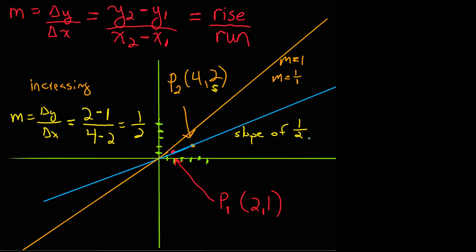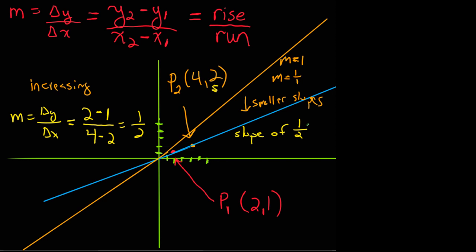The slope of 1/2, I go up 1 over 2, up 1 over 2. So notice smaller, less than 1, smaller slopes are not as steep.